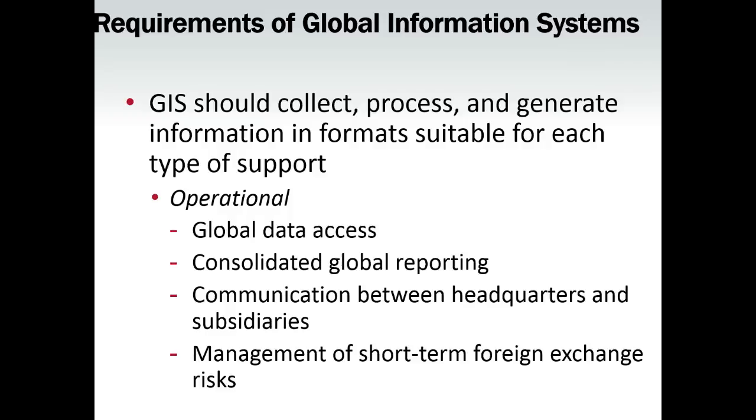These reports can include accounting, financial data, manufacturing, and inventory, which enterprise resource planning can provide in one database. Also, communication between headquarters and subsidiaries facilitates decision-making and the planning process. A GIS should provide an effective means of communication between the headquarters and subsidiaries as well.